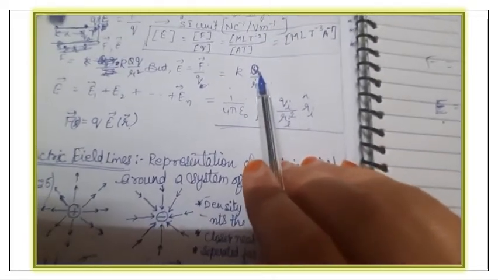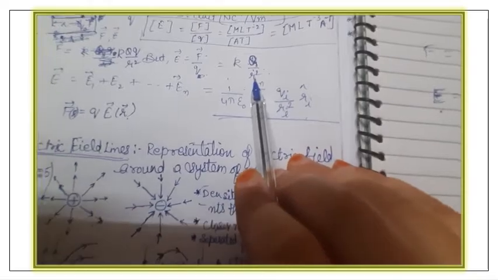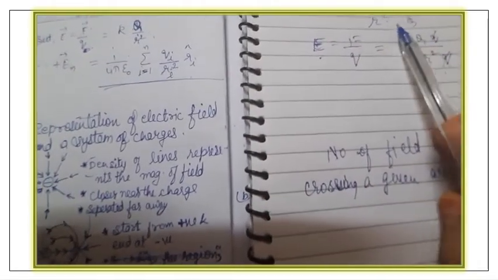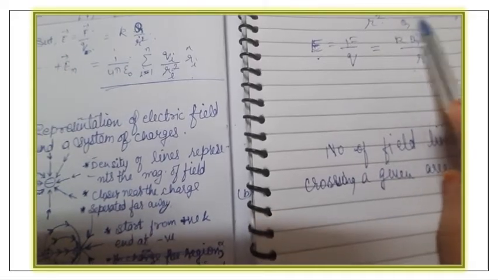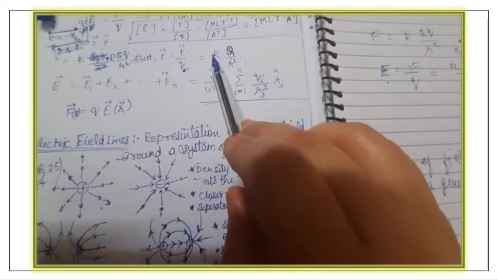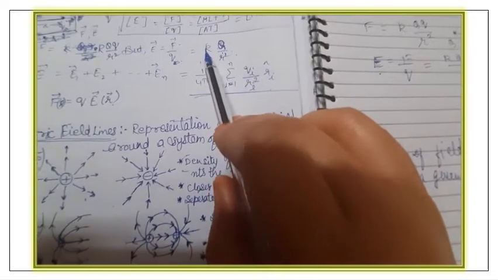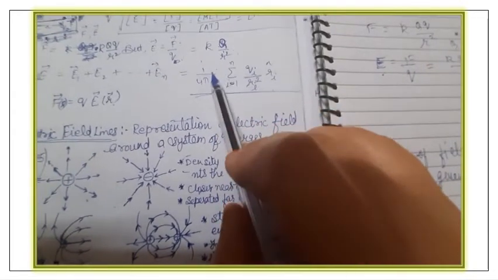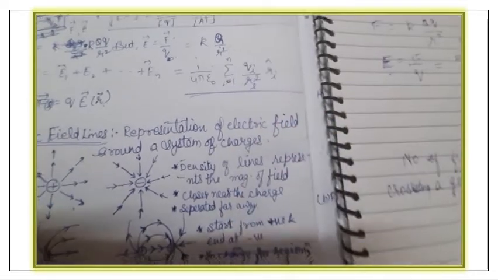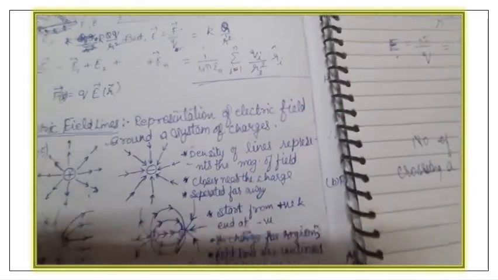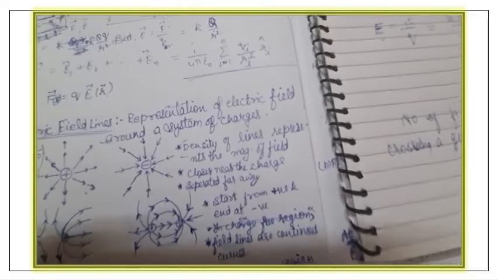So the electric field of charge capital Q at any point situated at distance r from it is given by k Q by r square, where k is the constant 1 upon 4 pi epsilon naught. This is the expression for electric field due to charge capital Q.